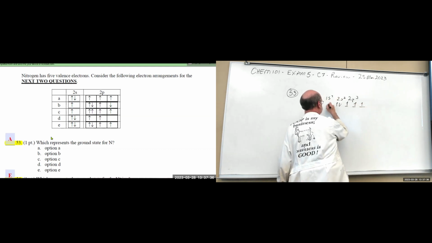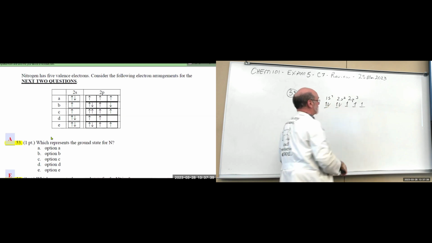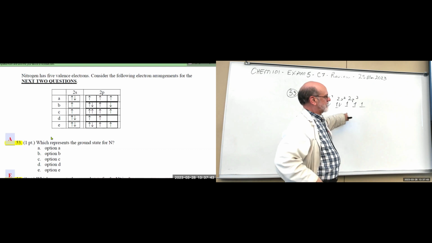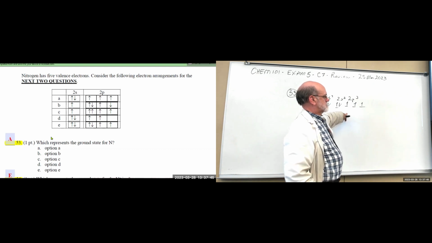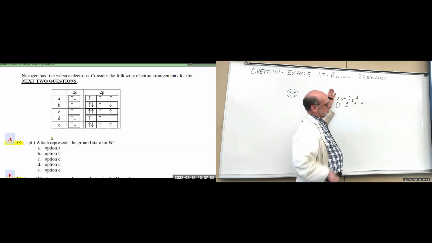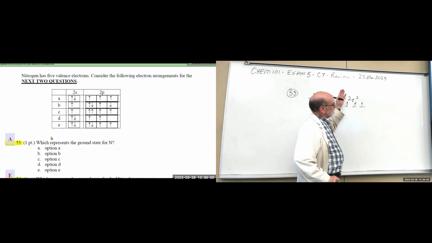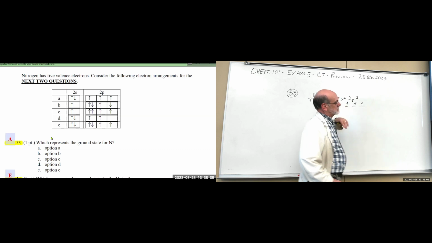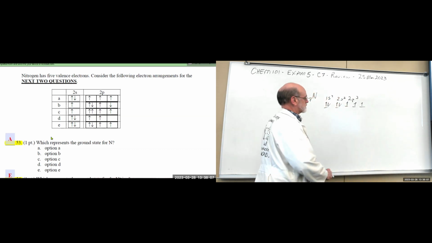These guys are like this, like that. Okay? So we need 2, 2, and 3 independent. They're leaving this one off. They're only going to the valence electrons. So let's see, it's either A, D, or E. And then the p's, A. Yeah, A is the right answer.